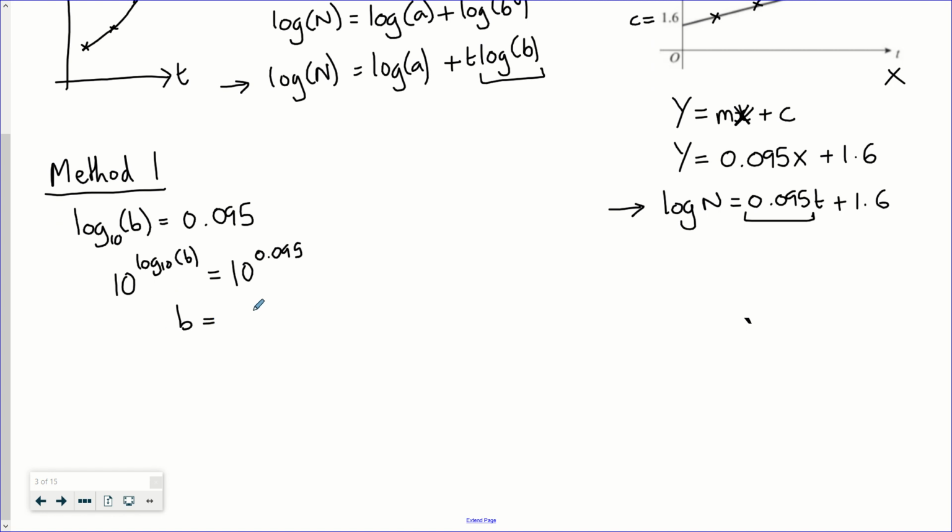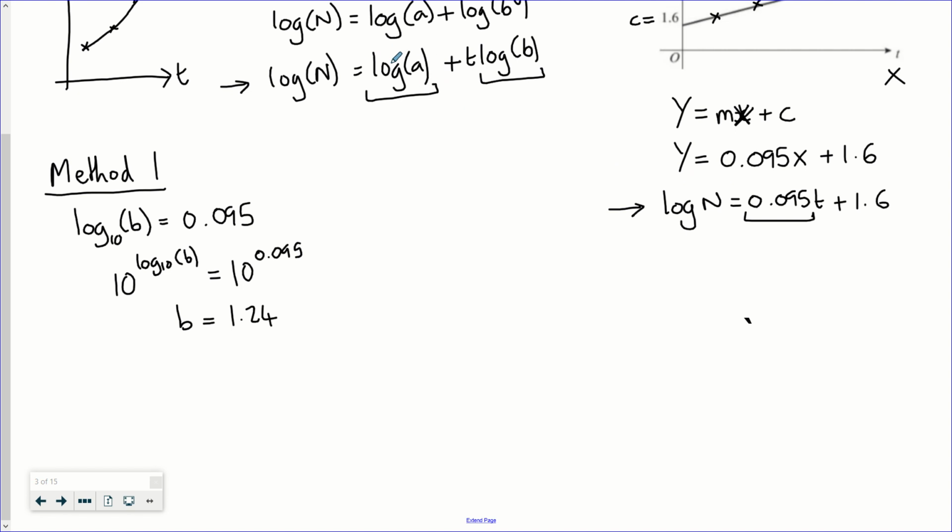So on the left-hand side we've got b, and we can work out a numerical value of b by doing 10 to the power of 0.095 to get b equals 1.24 to three significant figures.